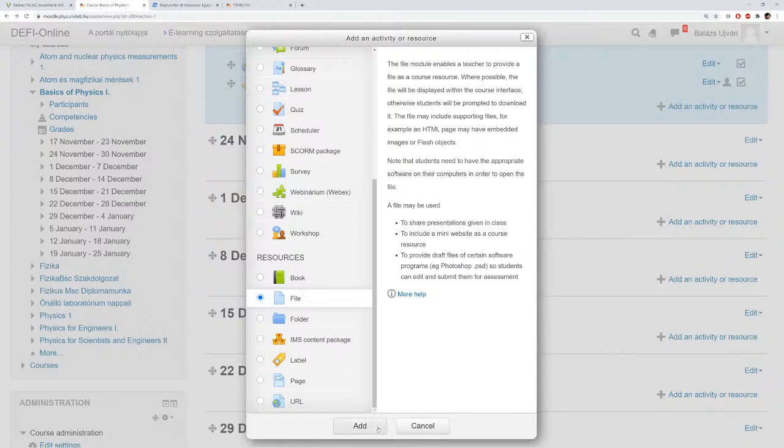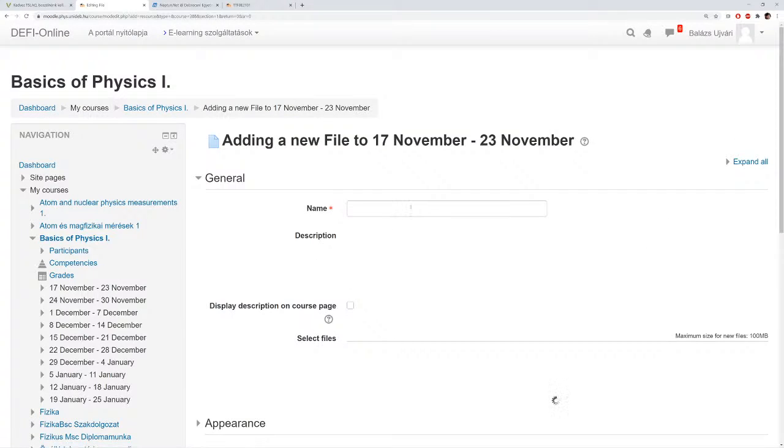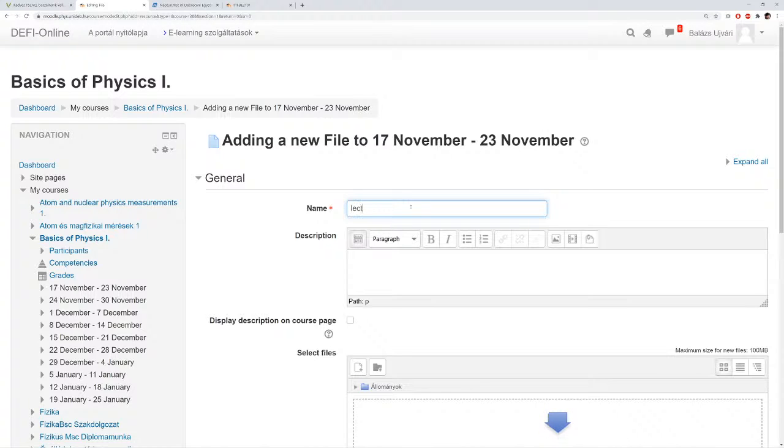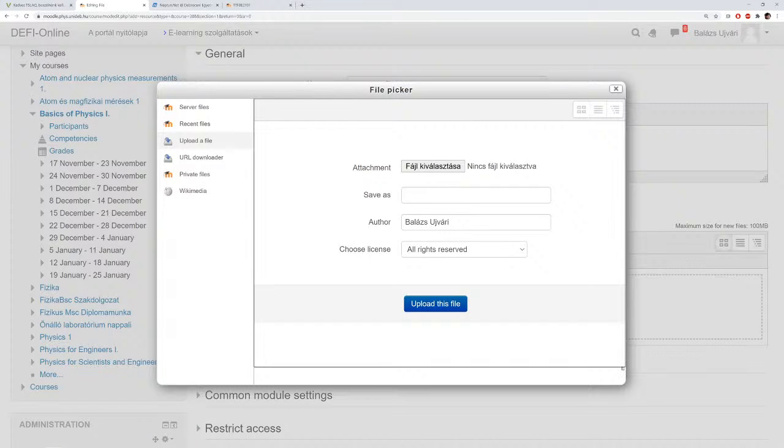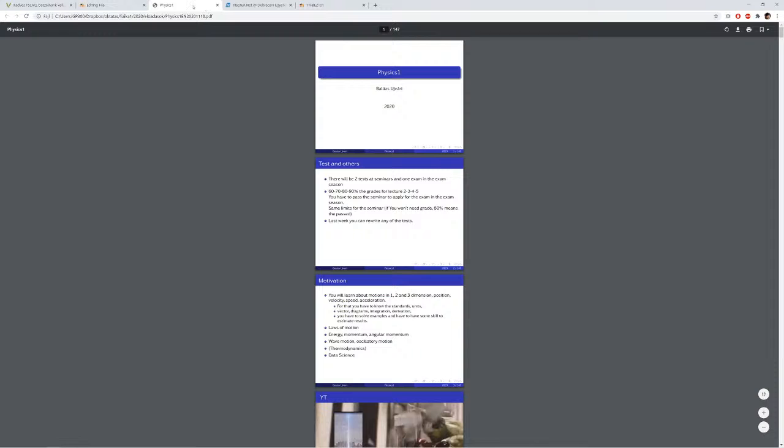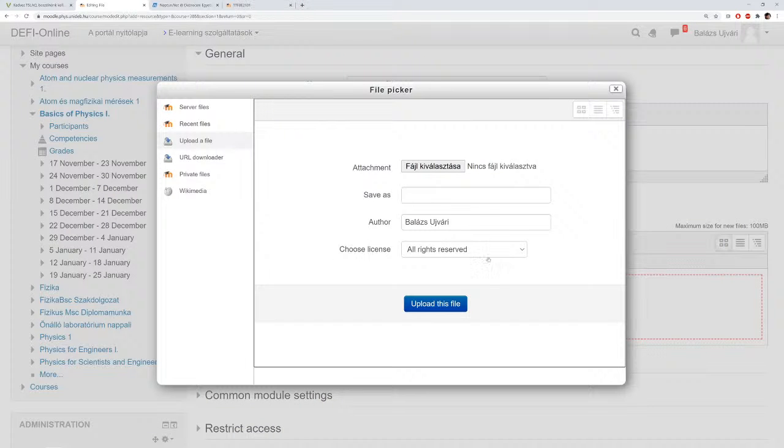For example, add lecture as file, and wait. Oops. Sorry.